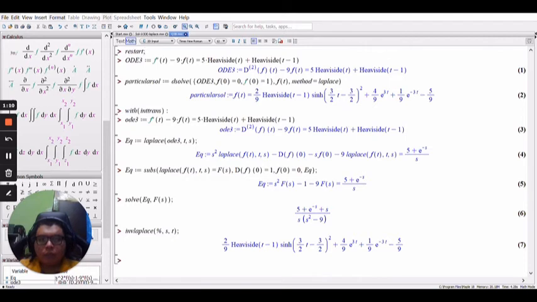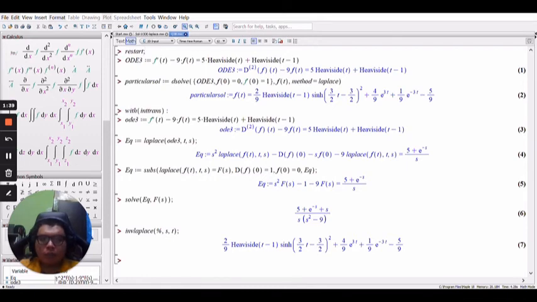Next, we want to find the particular solution for this equation. So we will be using this command, particular solve equals dsolve for ODE3. Then we need to insert the initial conditions, where f(0) equals 0 and f prime 0 equals 1, for f(t) by using the method Laplace.